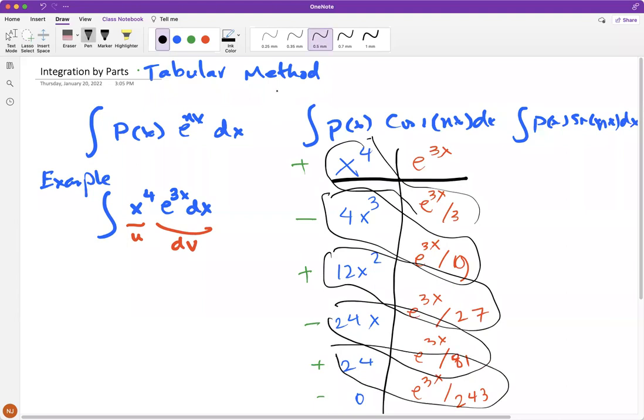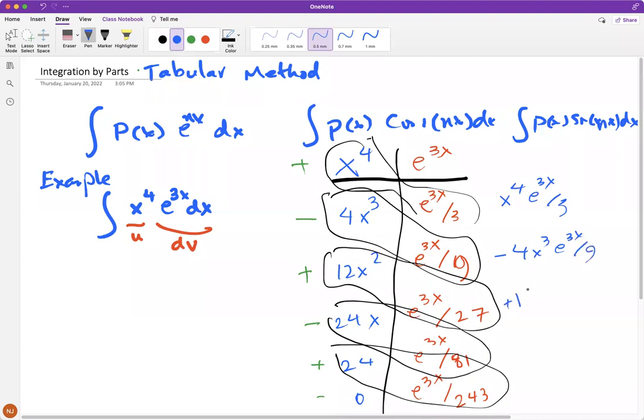What you end up with is x to the 4th, e to the power 3x divided by 3. Here is negative 4x to the 3rd, e to the power 3x divided by 9.